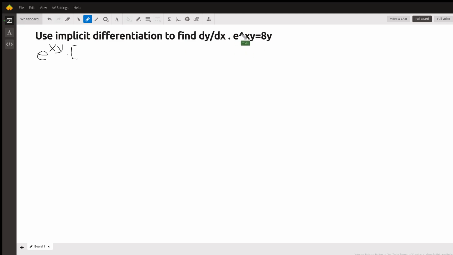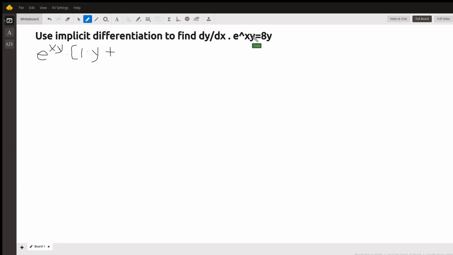So we're going to take the derivative of the first times the second plus the derivative of the second times the first. The derivative of x is 1, times the second, which is just y, so 1y, plus the derivative of the second.